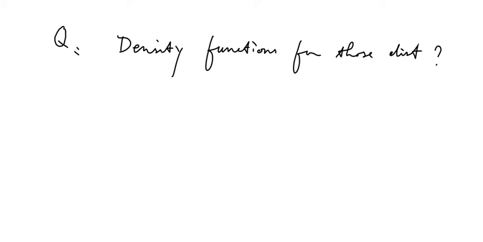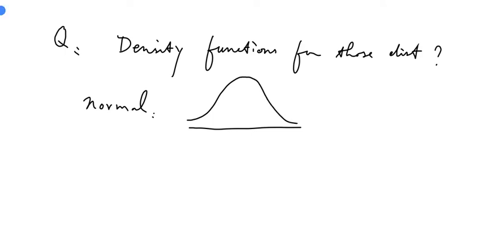So basically, let's check this. Okay, for normal, let's review this. For normal, we see the normal density function graph like this. If we center it at 0, we need to find a function that continues smoothly and goes down on both sides.